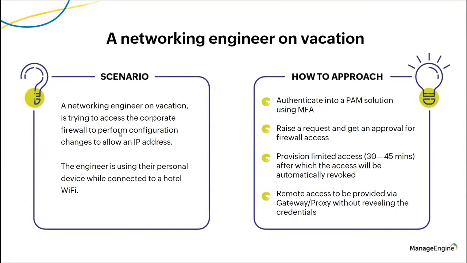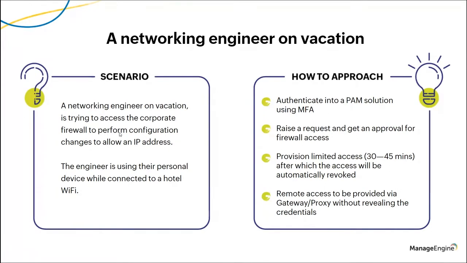Maybe the network engineer needs access only for 15 minutes, just to add that one line in the firewall or just to add the IP address, right? And finally, even though the engineer is connecting from their own personal device, the device does not require any direct connectivity to the firewall. So the user only has the connectivity to PAM, and PAM only has the connectivity to the firewall.